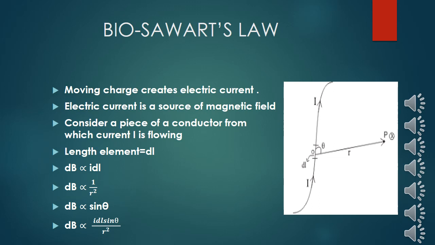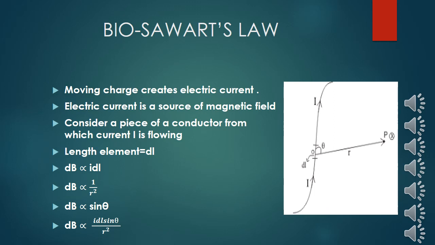And the magnetic field is inversely proportional to the square of the distance. The more the distance, the weaker will be dB. Here he calculated that the strength of this magnetic field will decrease as the square of the distance.